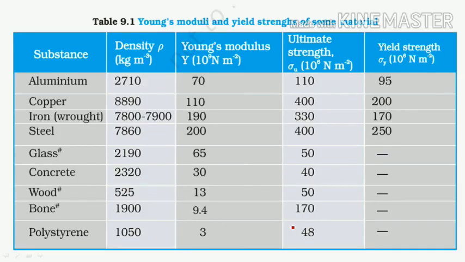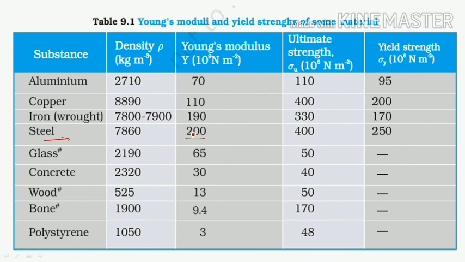Now in this table we are going to see the typical values of Young's modulus. According to our previous observation, a strong material should have a very high value of Young's modulus. So from these materials, steel is the toughest, strongest material, so its Young's modulus is 200.